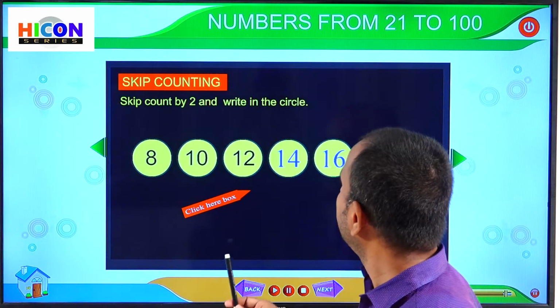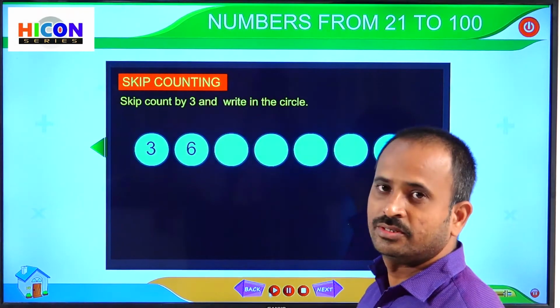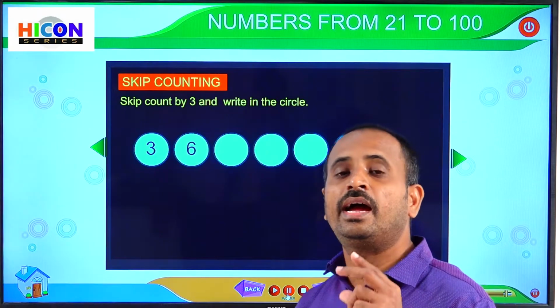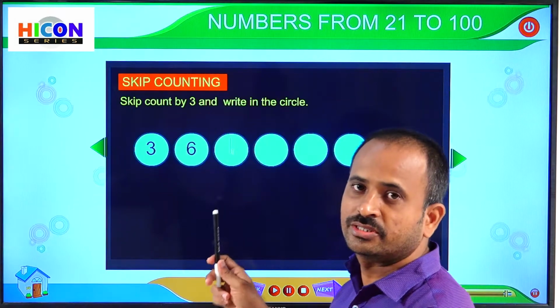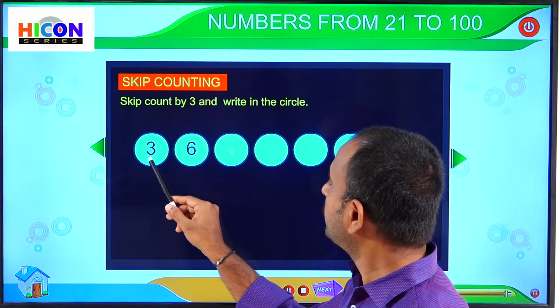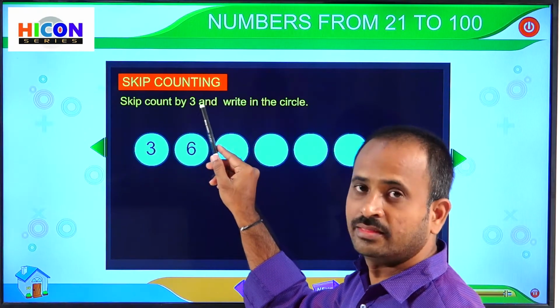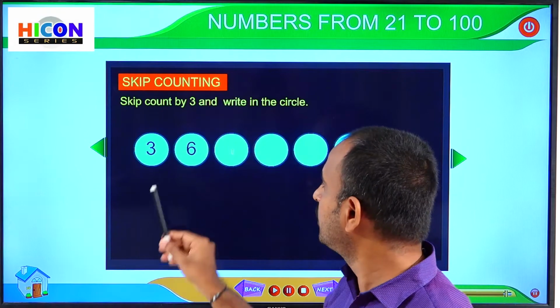Let us see another example. On skip counting, children, see skip count by 3. That means we add 3 to every number, then we get the next larger number. Here the first given number is 3, and we add 3, because skip count by 3 means we add 3 to the given number.